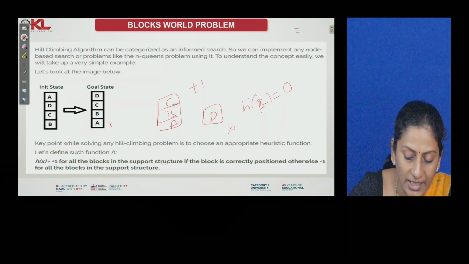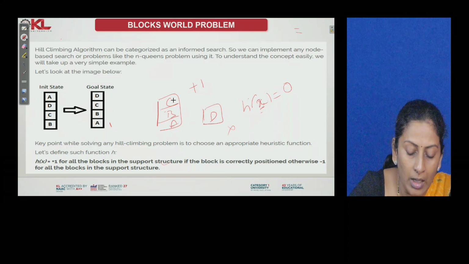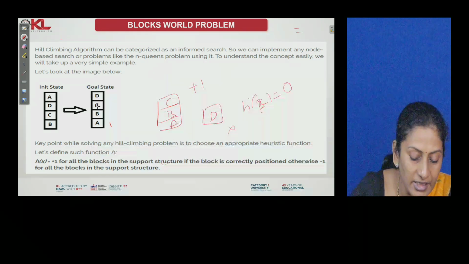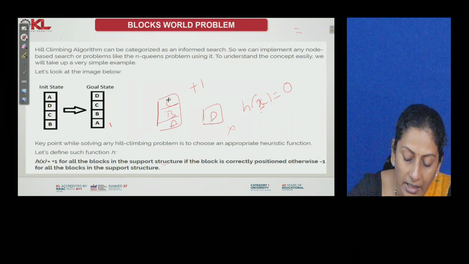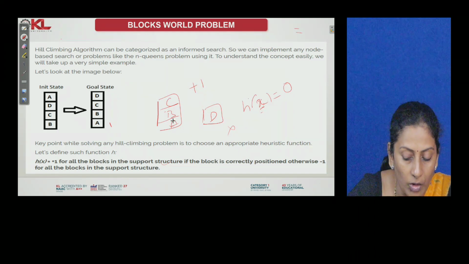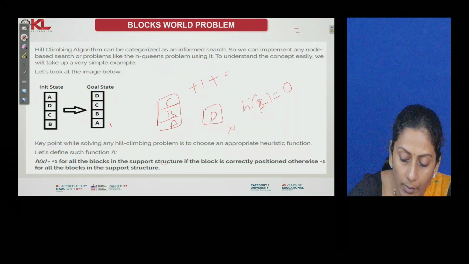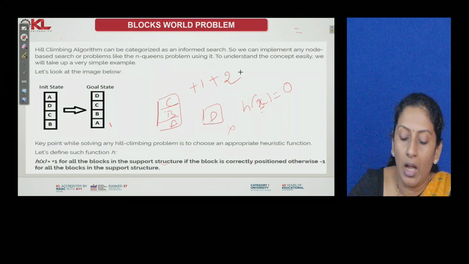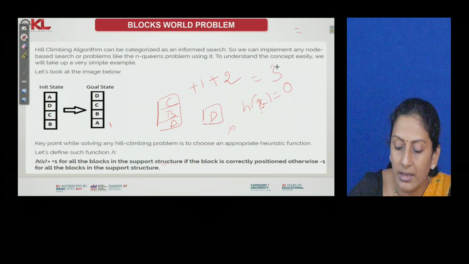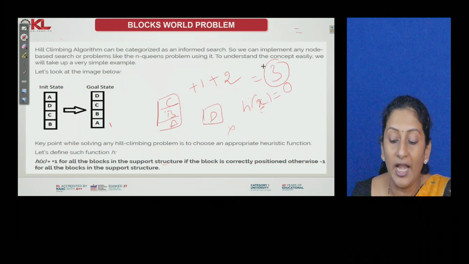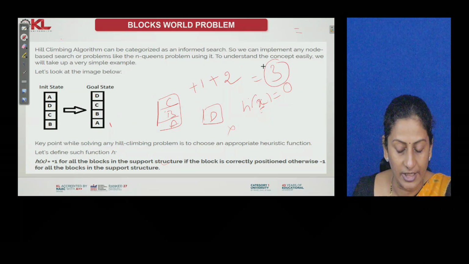Consider now C. Under C there are 2 blocks, B and A, in the goal state. Here also in our current state the 2 blocks are correctly placed, so I am adding +2. So for this state my heuristic value is 3. So I define the heuristic value in such a way.